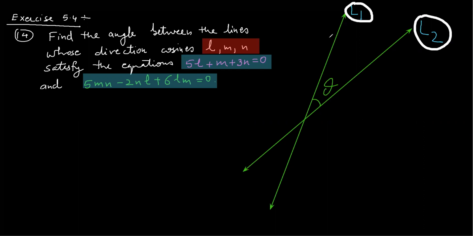L M N for the first line will not be the same as L M N of the second line. So for example, I'm just taking an example: suppose L M N for L1 are A1, B1, C1.